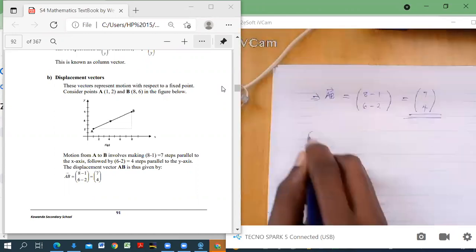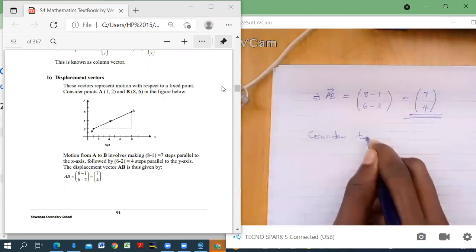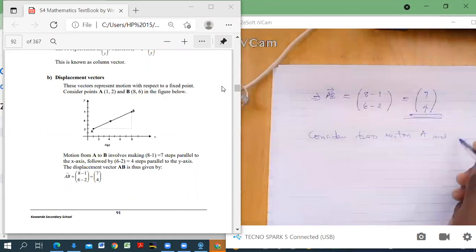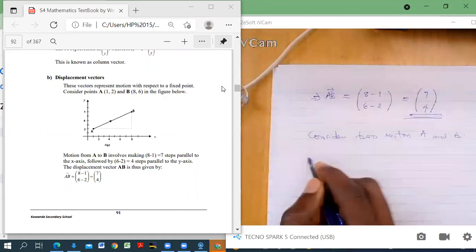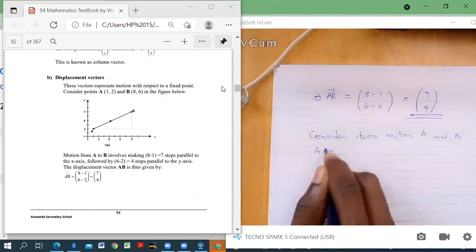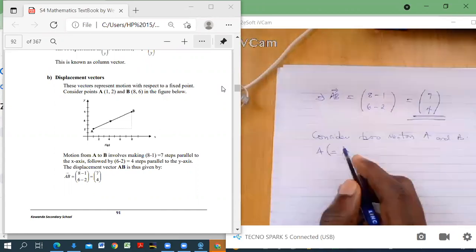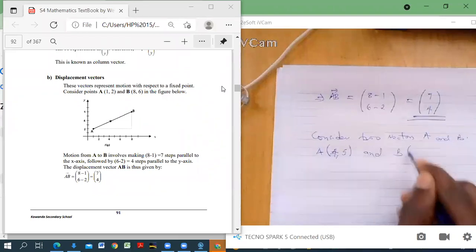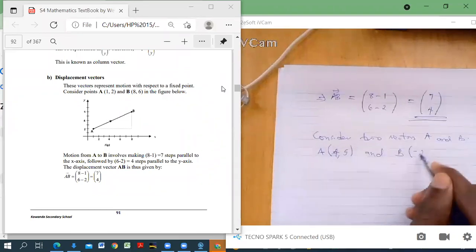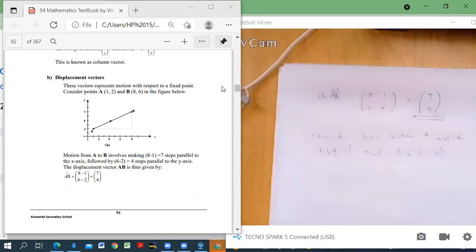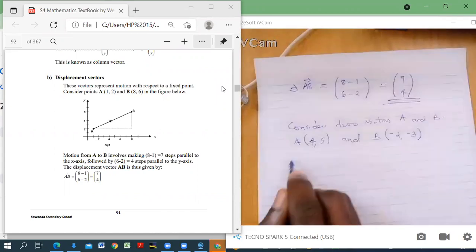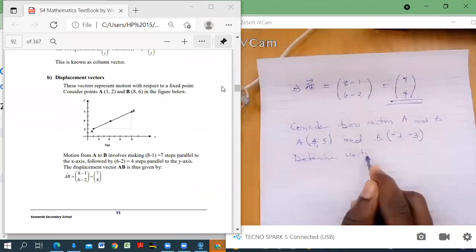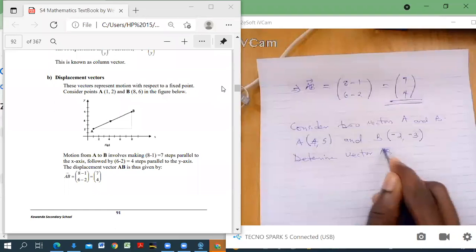Consider two vectors, A and B. Assuming that vector A is equal to 4 and 5, and B is -2 and -3. Can you determine the displacement vector AB?